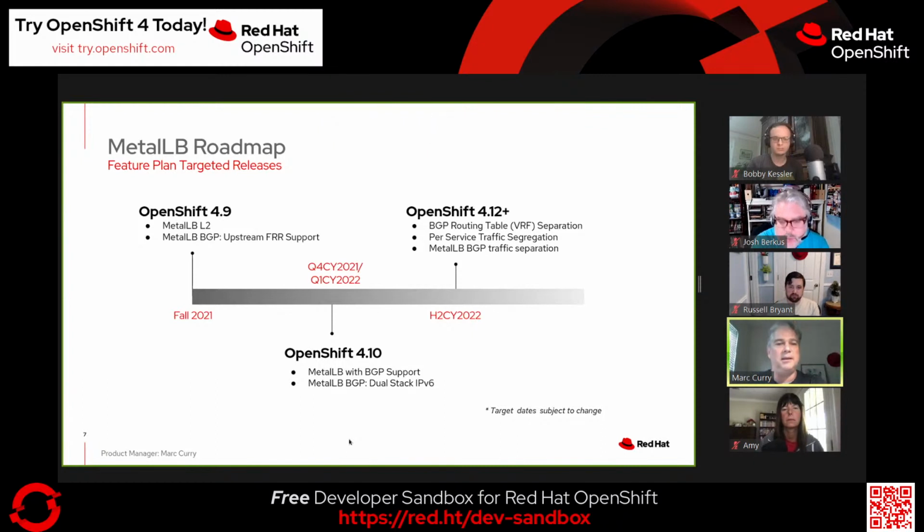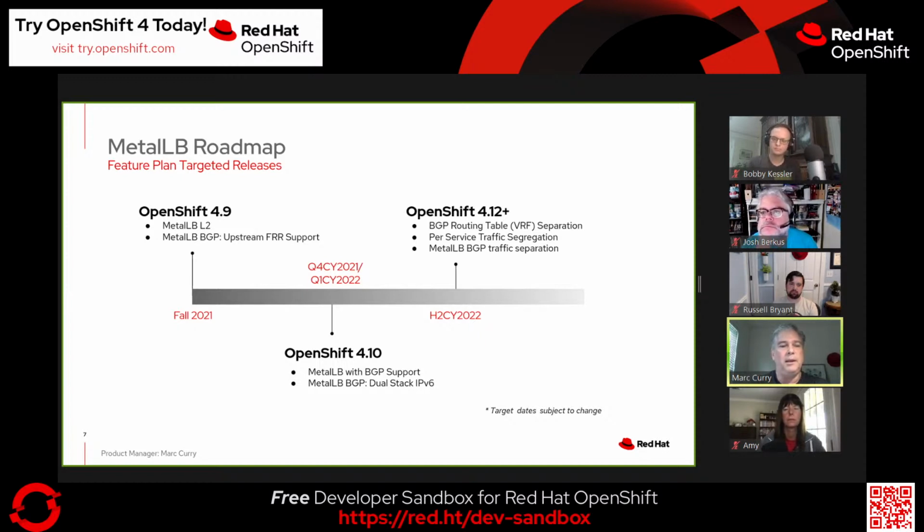So the idea is that today the current default version of OpenShift is 4.7. Very, very soon, we will be releasing OpenShift 4.8. And then OpenShift 4.9 is targeting this fall. And that's when that first mode that Russell discussed, the MetalLB layer 2 mode, will be fully supported.